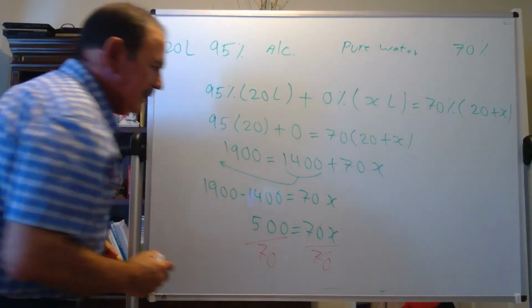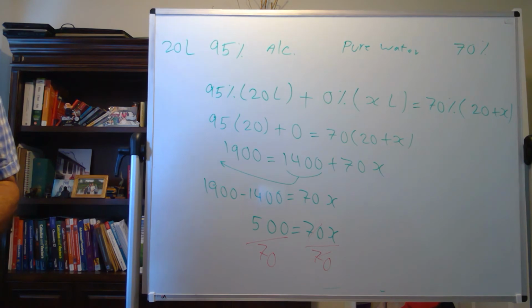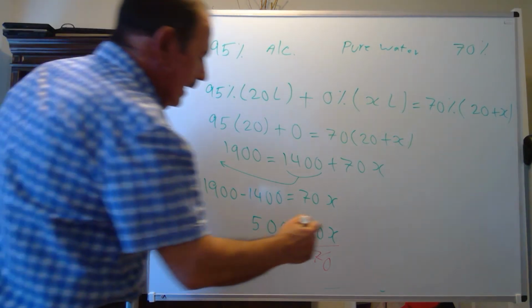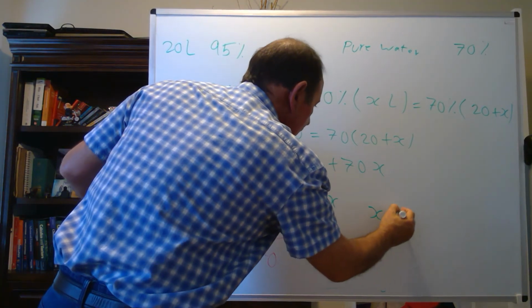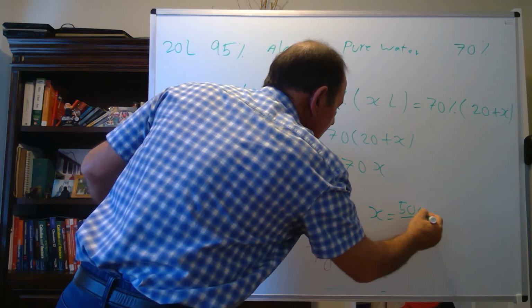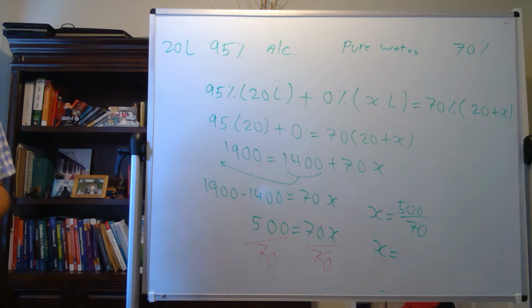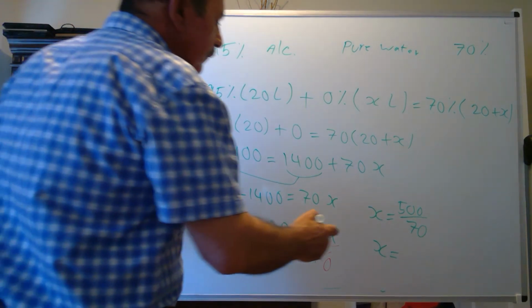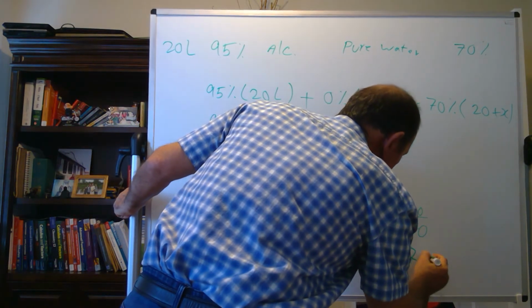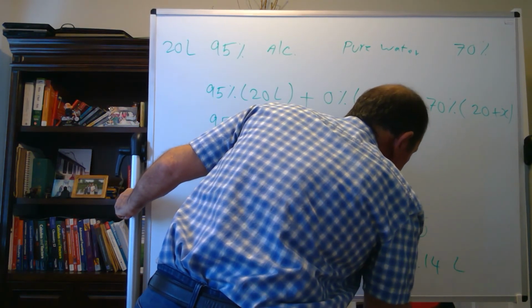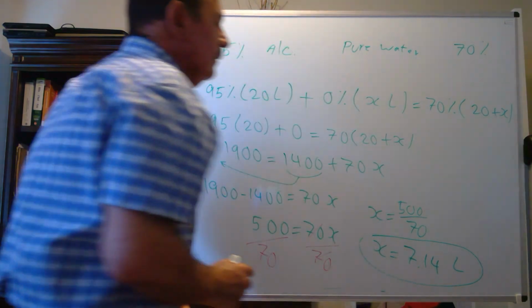These two 70s cancel each other, and x is 500 over 70, which is equal to 7.14 liters, and this is going to be the final answer.